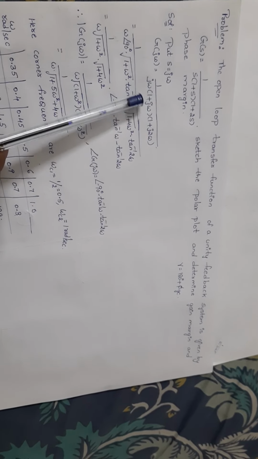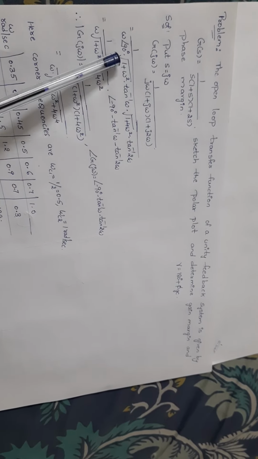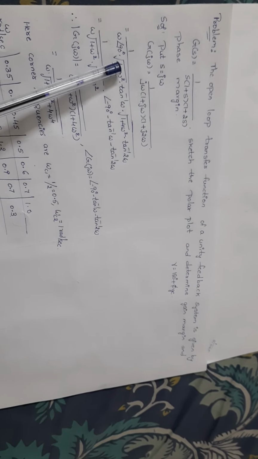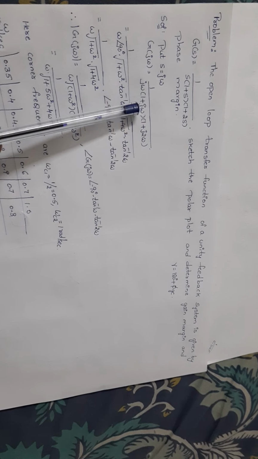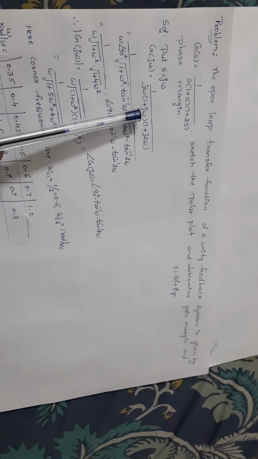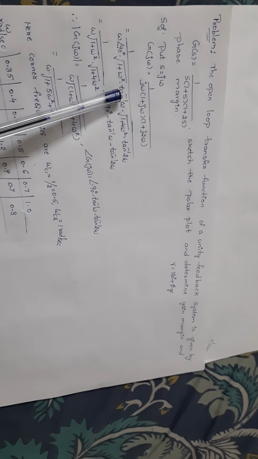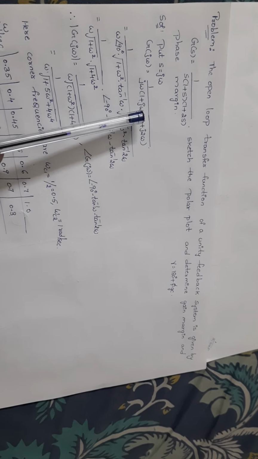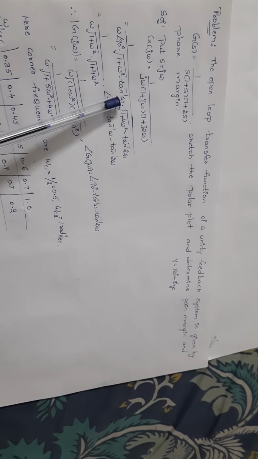That's all. So for 1 + jω, what is the magnitude? Root of real part squared, 1 squared, plus imaginary part squared, which is ω squared. The phase angle is tan inverse of imaginary part by real part, imaginary part is ω and real part is 1.